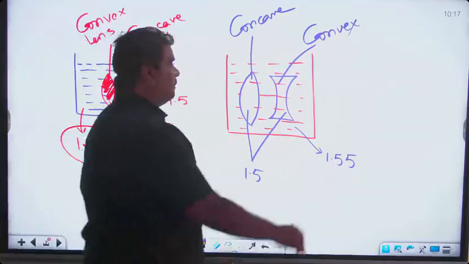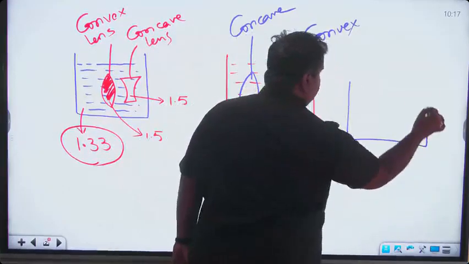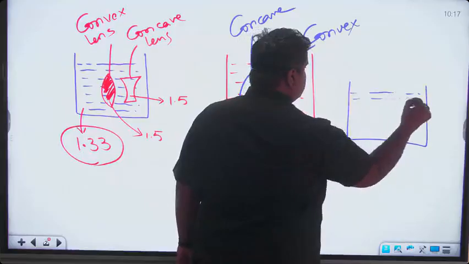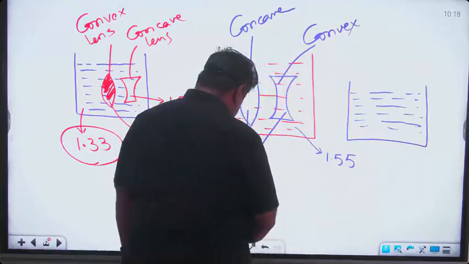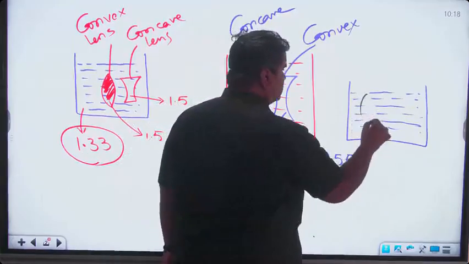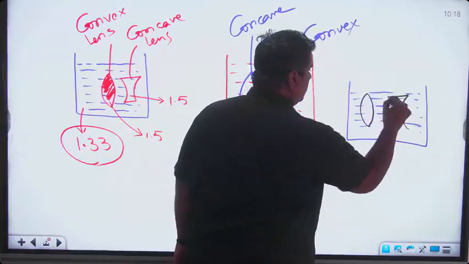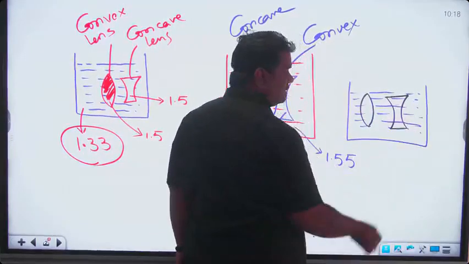Now finally, suppose you take a beaker which has some amount of liquid. In this liquid you place a convex or a concave lens.